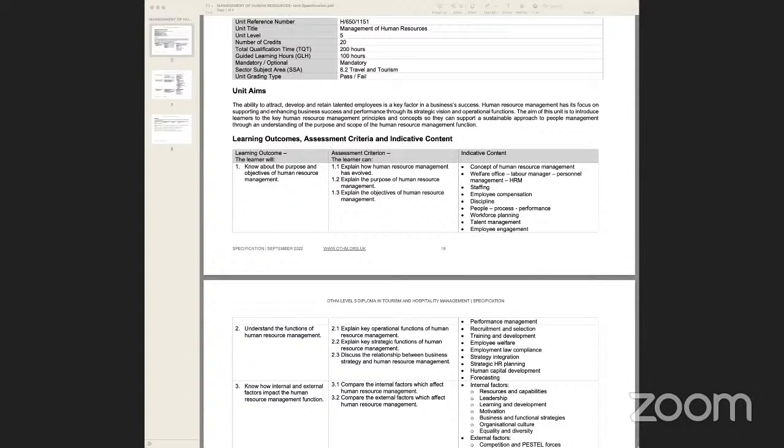Management of human resources has become a key aspect, because this resource can actually control any other type of resource that we talk about.